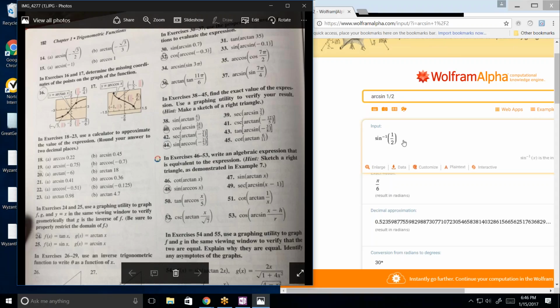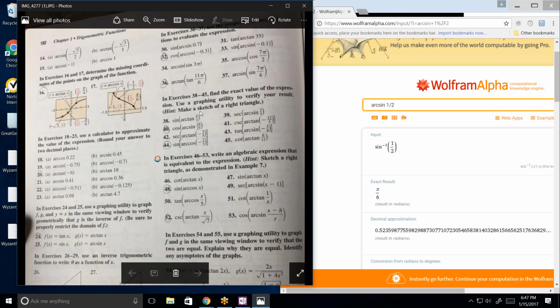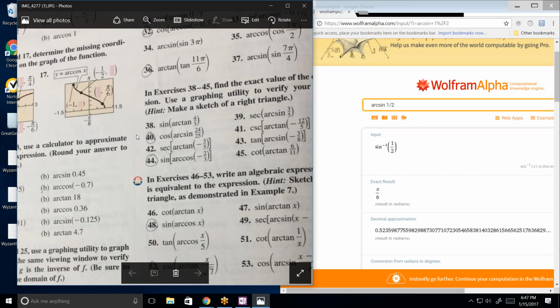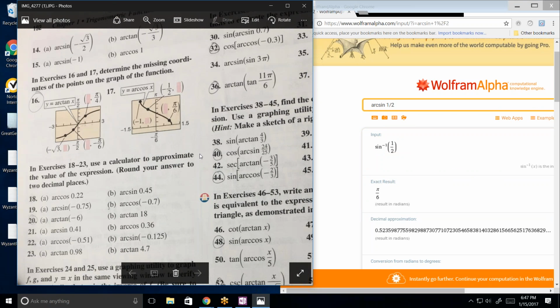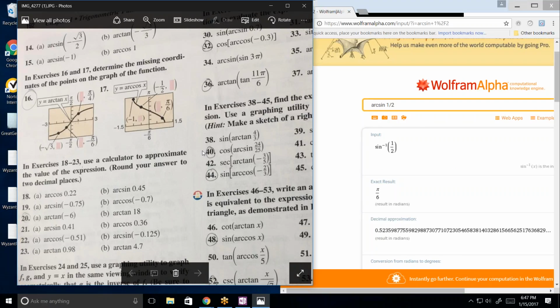All right, so let's look at 16. Blow it up a little bit so you can see it. Determining the missing coordinates on the points on the graph of the function. The function on the left is the inverse tangent of x.